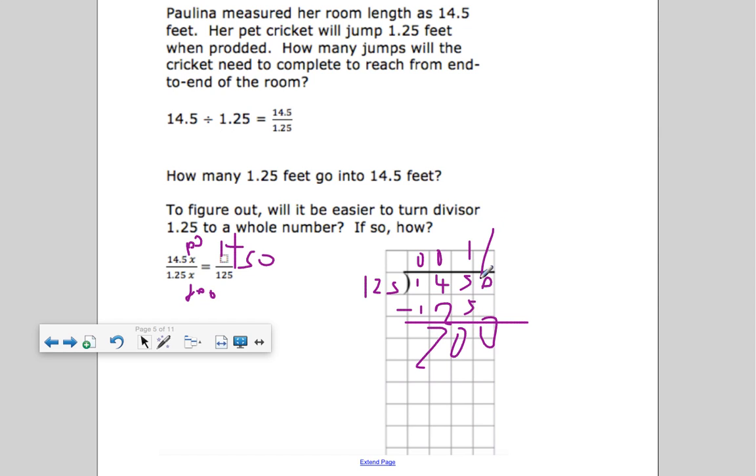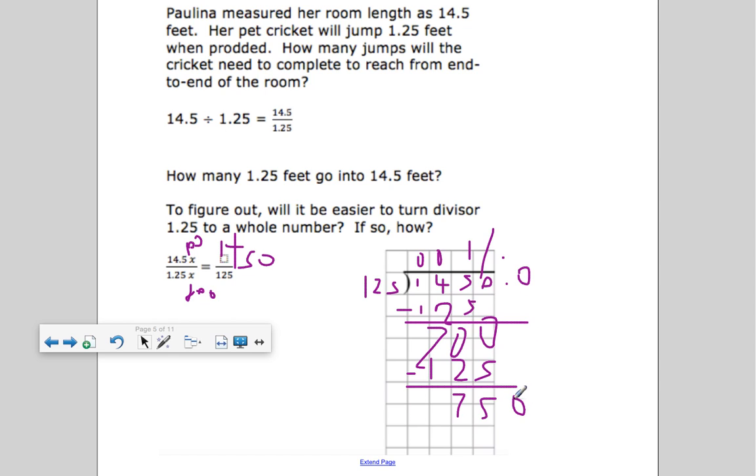One time. Again, let's subtract that. 200 minus 125 is 75. I need to get rid of this remainder. So how can I add a 0 without changing this value? 0.0, remember that? So bring it down.